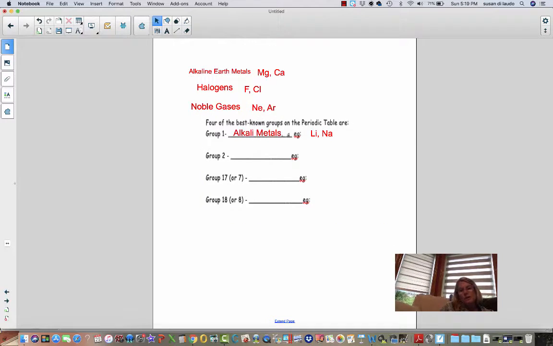So group 1 alkali metals are really reactive. They're one of the most reactive groups on the periodic table. And there's a reason for that when we look back at what their Bohr-Rutherford diagrams look like. All of these alkali metals have only 1 valence electron, 1 electron in their outer energy level. Remember that all elements want to be stable. To be stable, you have to have that full outer energy level.